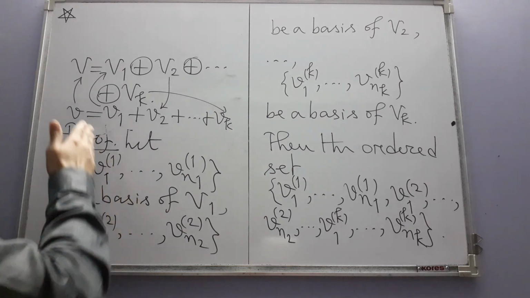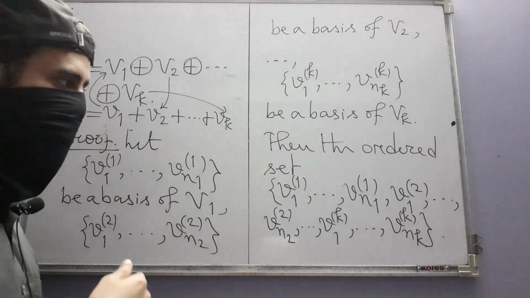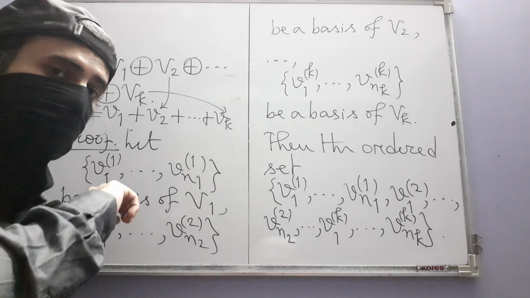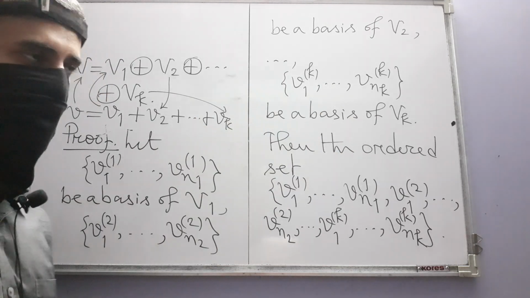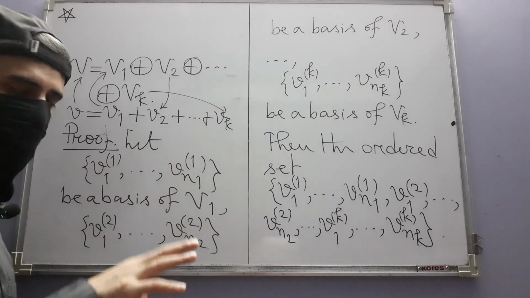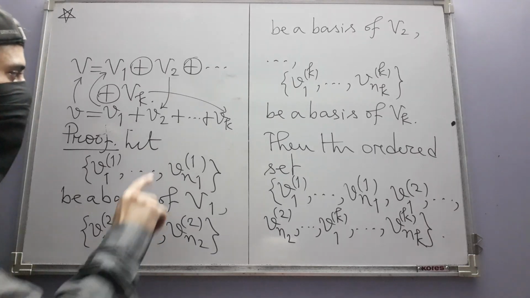Right. So V can also be thought of as a direct sum of those subspaces. In that sense, if you think, then things will become easy.